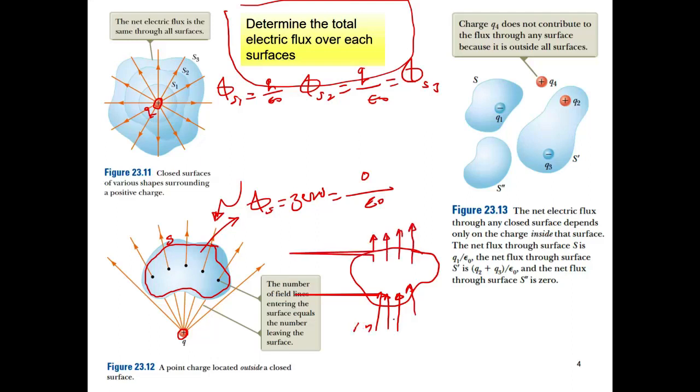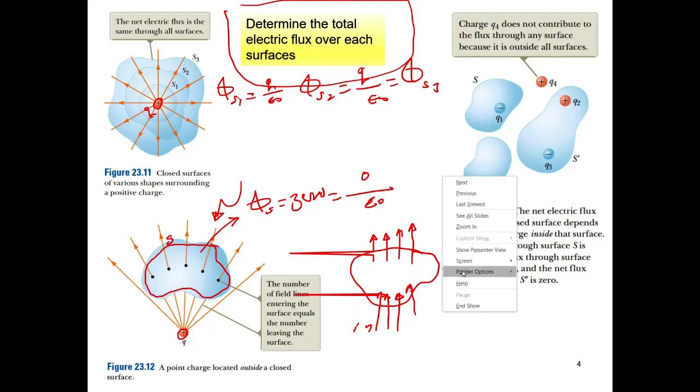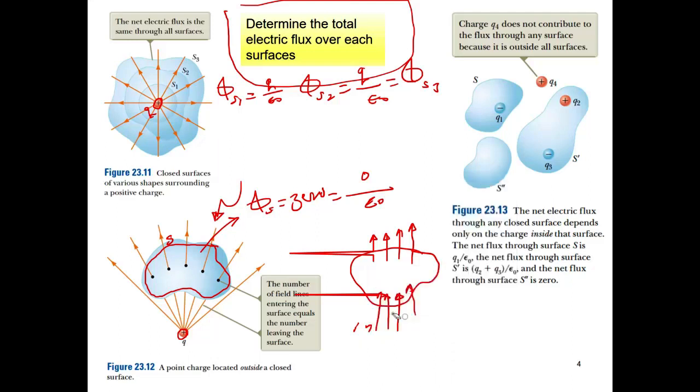So the number of lines that go in is equal to the number of lines that go out. Flux is related to the number of lines going through a surface. It's like a traffic light: the number of cars approaching is equal to the number of cars leaving.